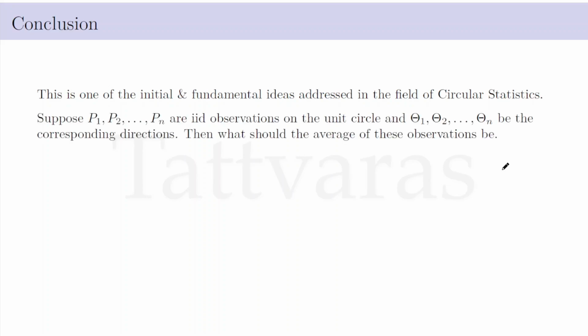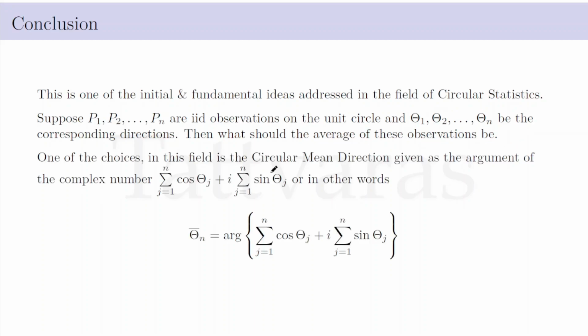And the main idea behind our problem is like, we have suppose some n observations which are n points, and for each of those points we have corresponding angles as theta 1 up to theta n. Then what should be the average of these observations? The answer is this. So this is called the circular mean direction. Now that is given as the argument of this complex number.